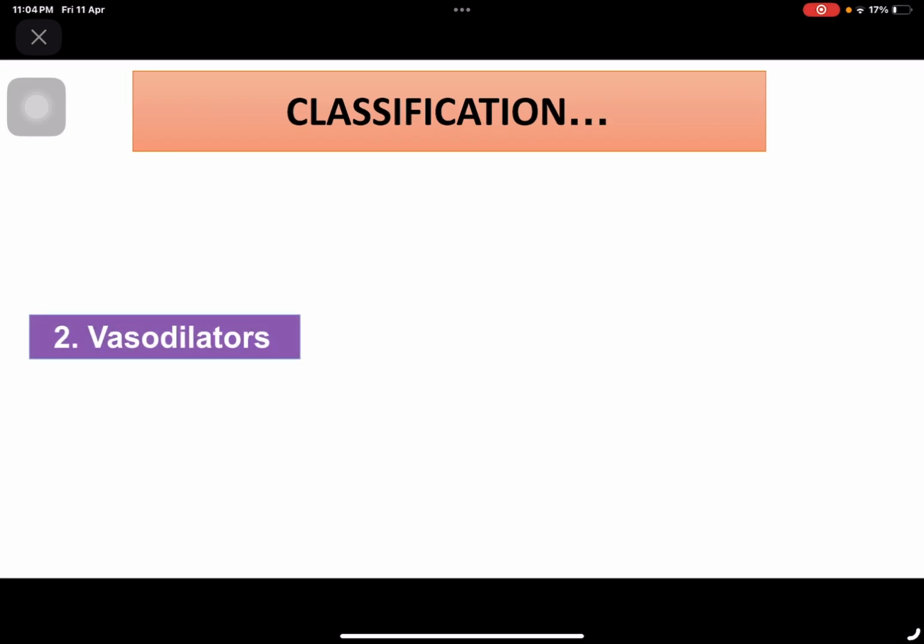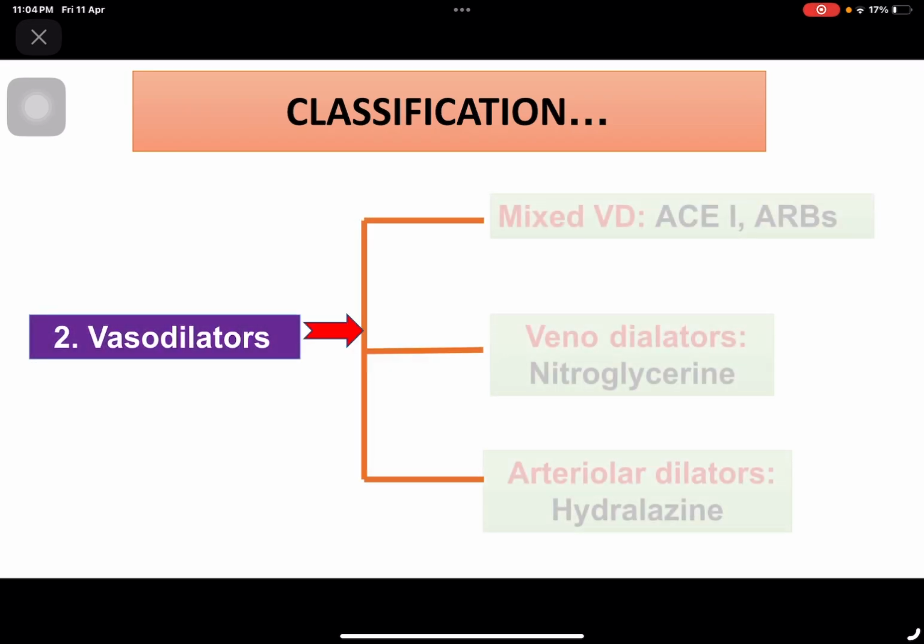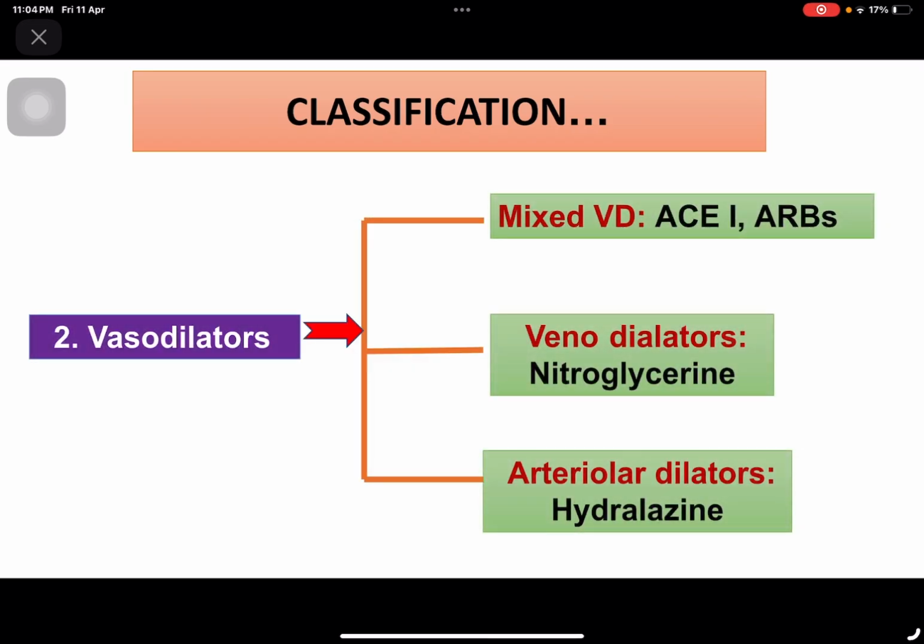Next come vasodilators, which are again classified into three groups: mixed vasodilators, venodilators, and arteriolar dilators. In mixed vasodilators there are two more classes of drugs, that is ACE inhibitors and ARBs.